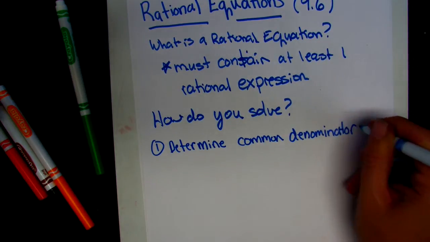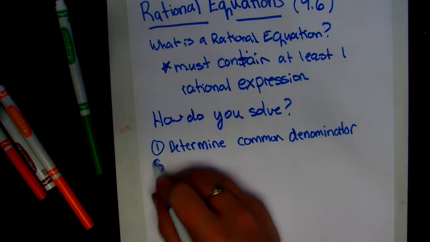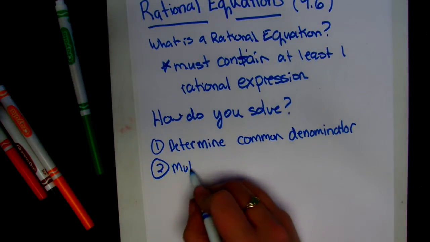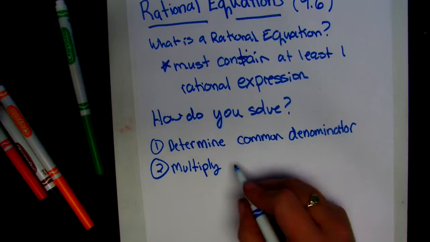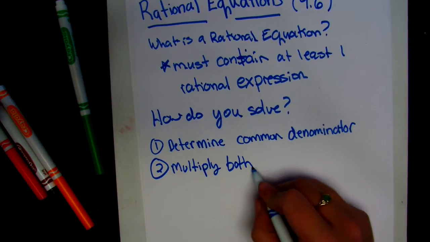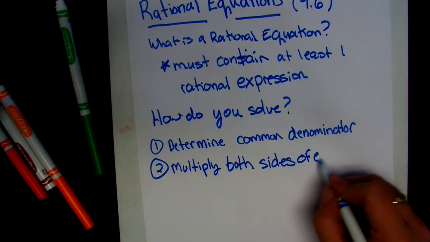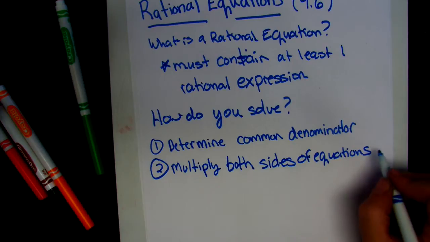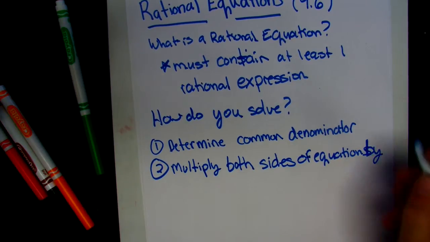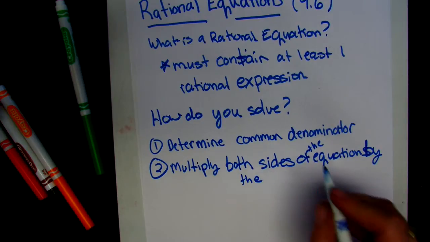Once you have done that, you multiply both sides of the equation by the common denominator.